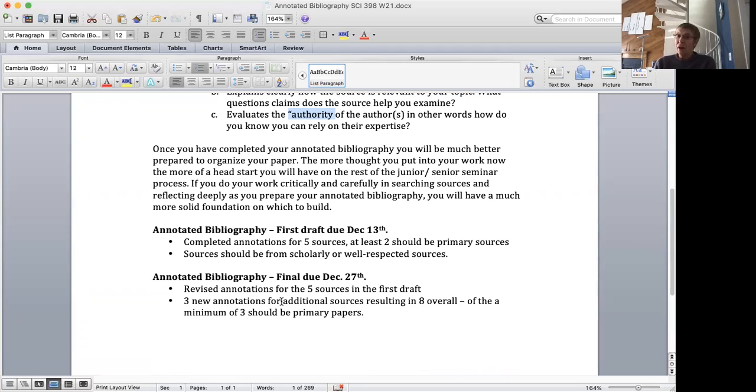You could have 5 primary papers, but it's got to be a minimum of 3. It depends a little bit on your topic, exactly the balance of what kind of papers you'll be using in your paper, but you must have at least 3 primary papers in the end.